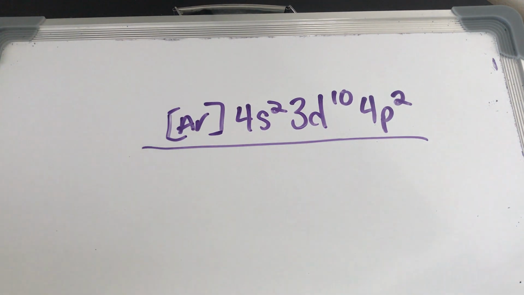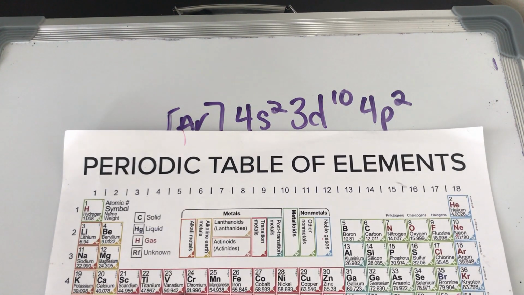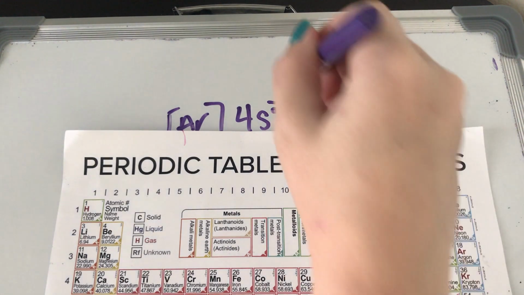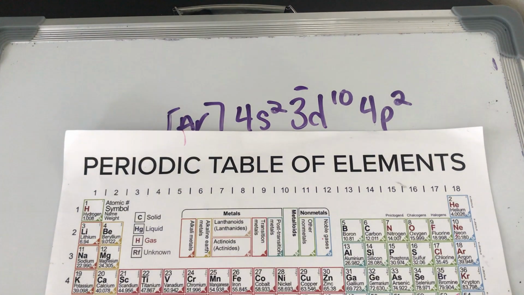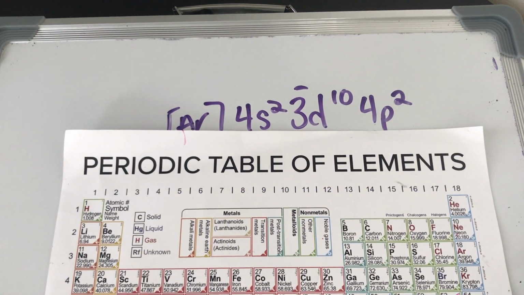Whenever we're dealing with the D block, annoyingly it always has a row number that's 1 less than whatever row it's in. Okay? So even though this D block is in row 4, we call it the 3d orbital block. Is it selenium?